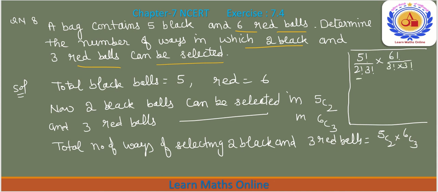So 5 factorial can be written as 5 into 4, 3 factorial will be cancelled out, 6 into 5 into 4 over 3 into 2. In this way 10 into 20, it will be equal to 200. Our answer is 200.